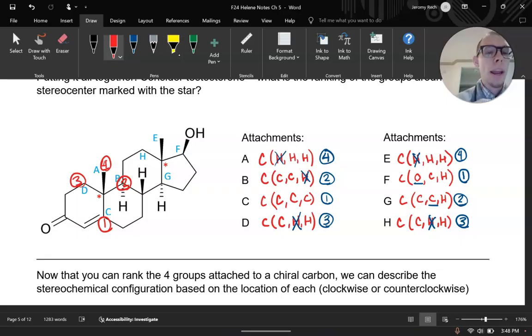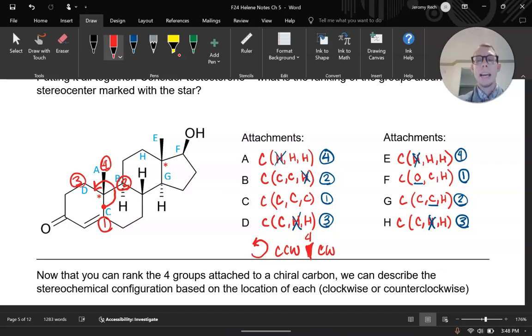I can then go in and do a handedness. I'm going to start at 1, go 1 to 2, and then 2 to 3. That has a rotation that looks like it is counterclockwise. It's going in the wrong direction of a clock, which would normally be an S. However, my fourth group is actually in the front as we have it drawn.